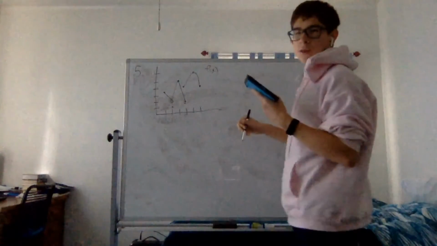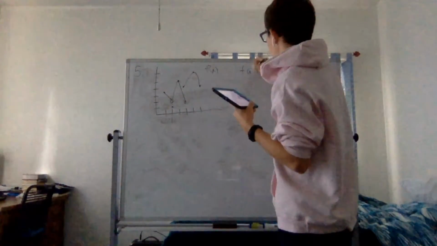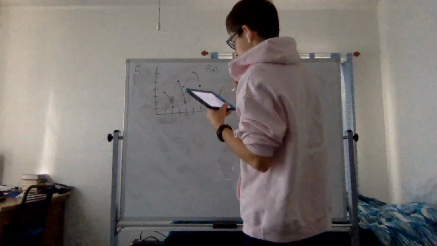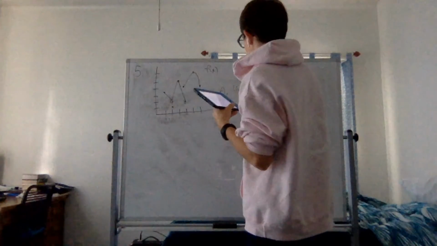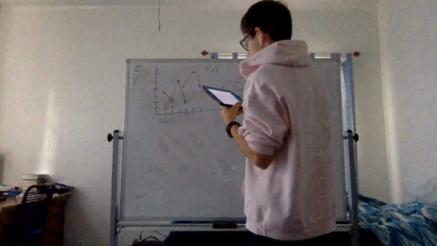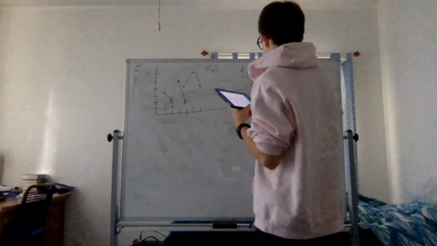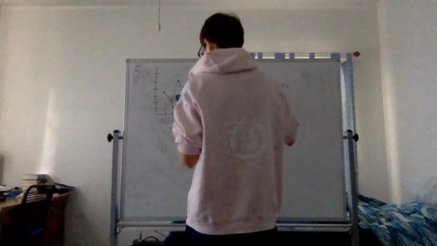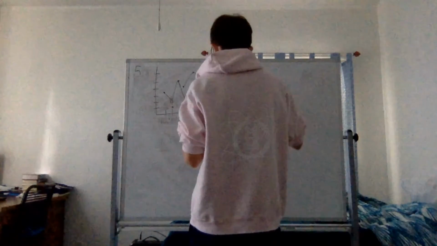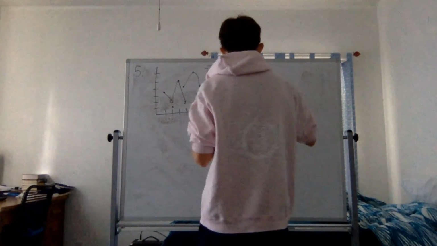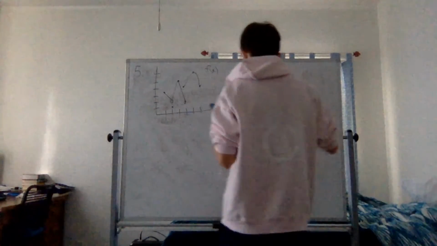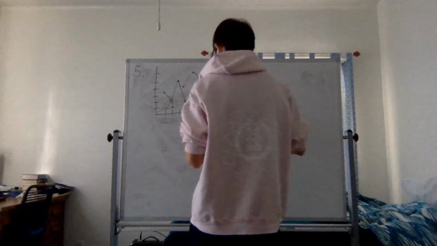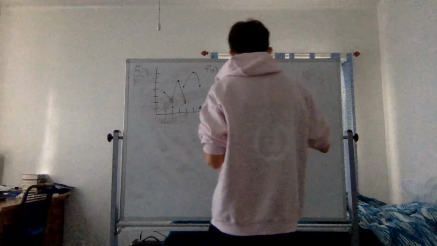Now it's asking us which of the following statements is false. So we're given A, the limit as x approaches 2 of f of x exists. B, the limit as x approaches 3 of f of x exists. C, the limit as x approaches 4 of f of x exists.